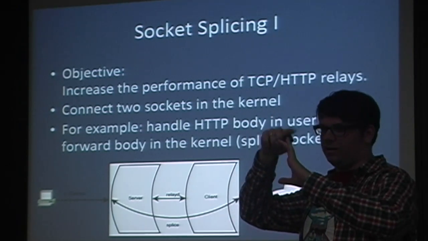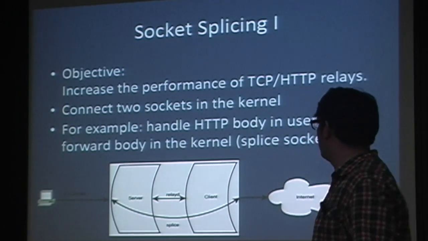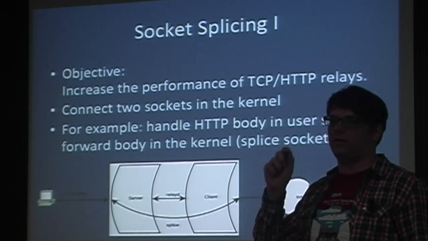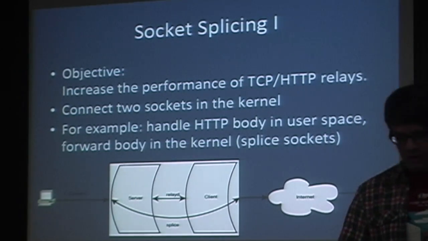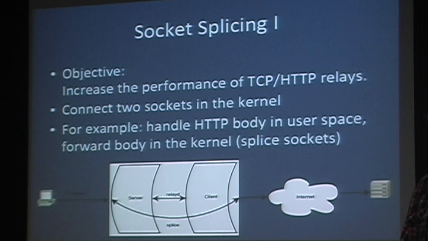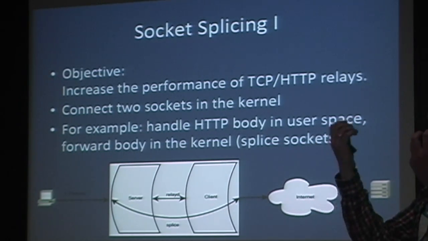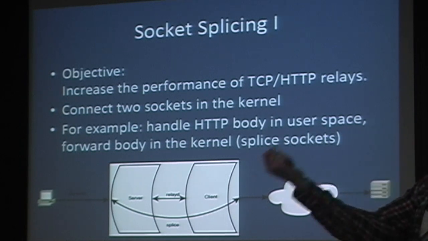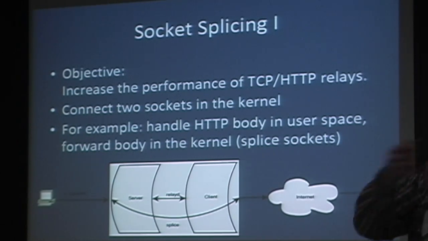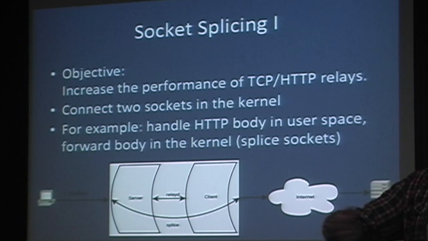Then I do the header in user space, and the data is in the kernel. So this is a significant speed up of the forwarding process, the performance, because in the kernel I don't even have to copy the data from one socket to another. I can just move the buffers, so it's a 0 copy in the kernel.